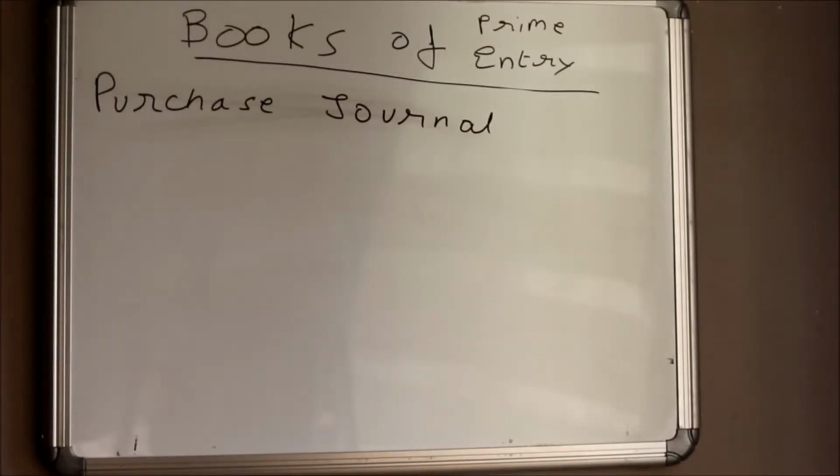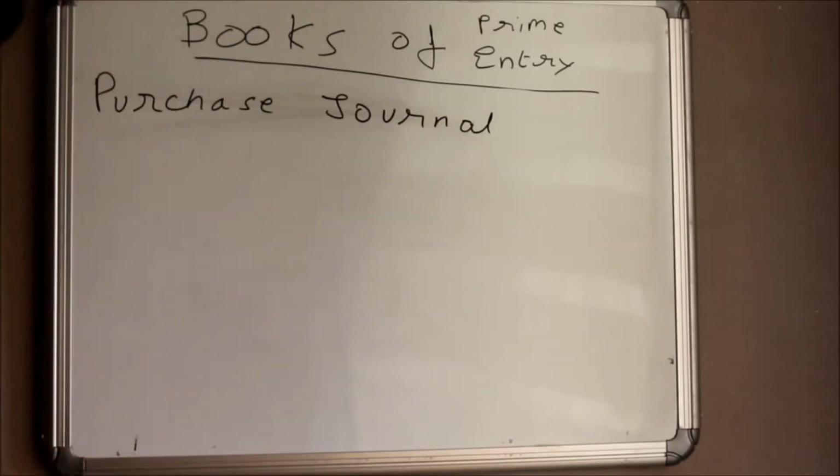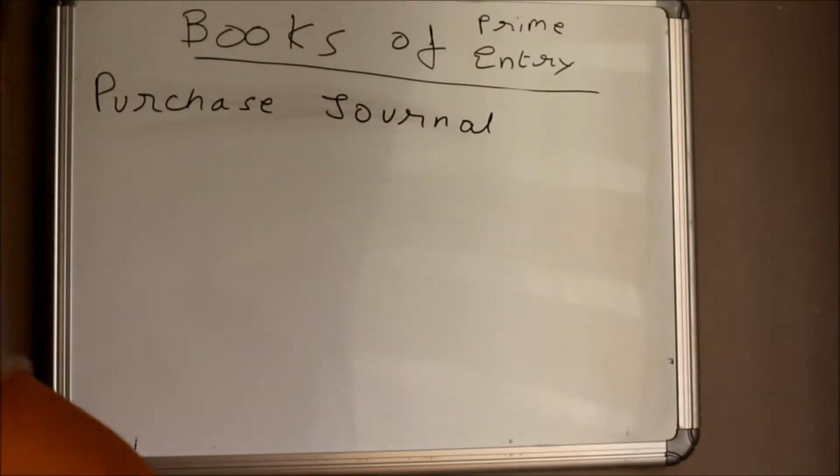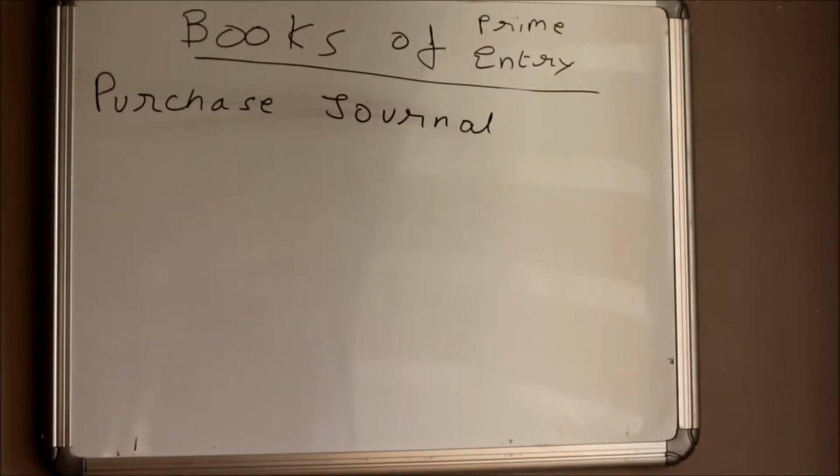Basically, in the purchase journal, we're going to list down all the names of the suppliers and all the transactions done with the suppliers. We're going to list down all the transactions done with the suppliers, and the double entries I'm going to show you.